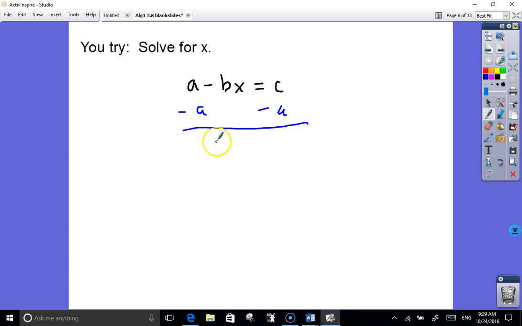What does that look like then, once I subtract A from both sides? Negative BX, right? Don't forget the negative. Equals C minus A. Still not isolated. Divide by negative B.